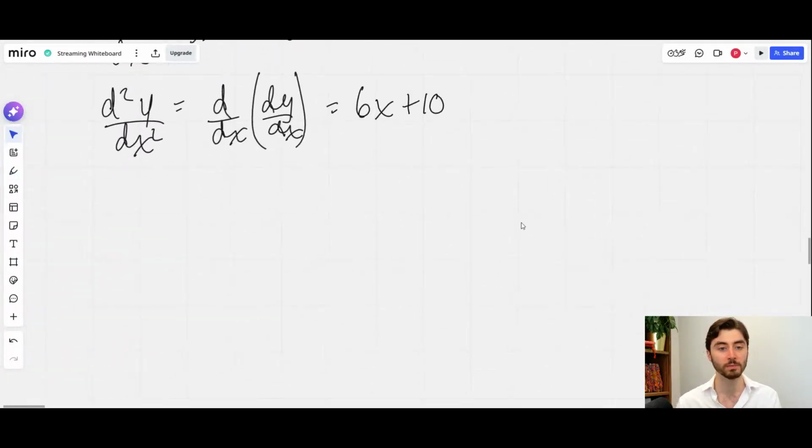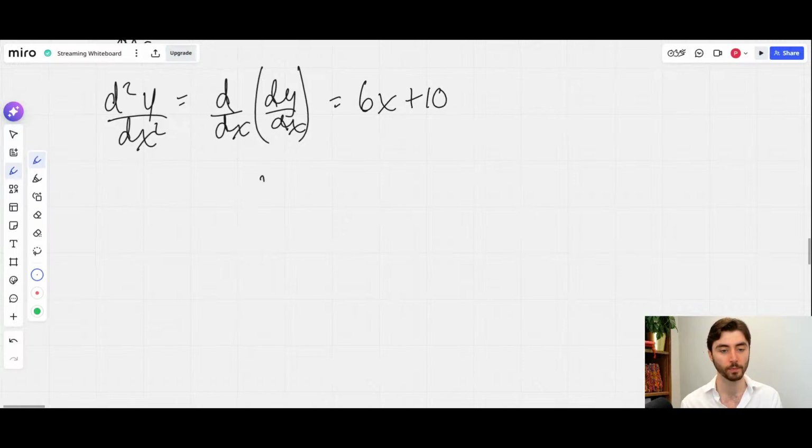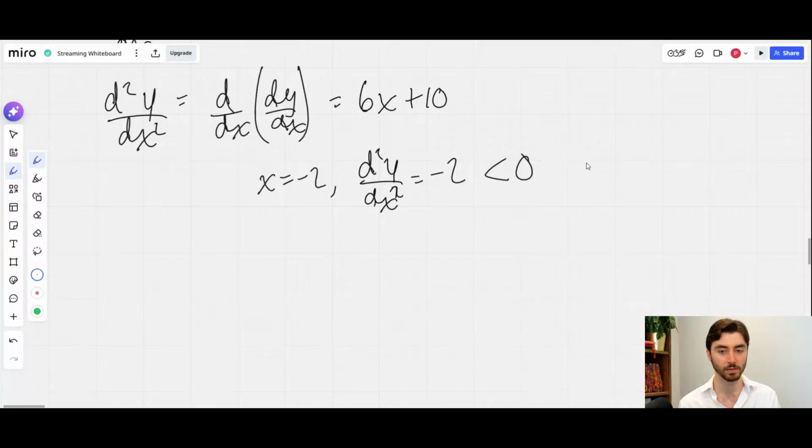So when x is equal to -2, we can see that the second differential is equal to -2 as well. And because that's less than 0, it means the gradients are decreasing around that point, and we have a maximum turning point. So we get a maximum point there.